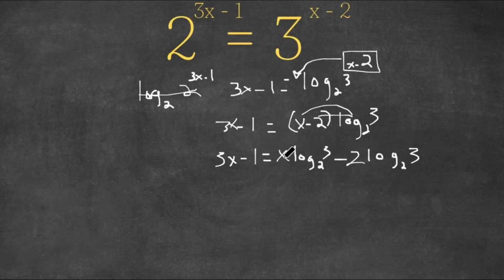And now we want to get all the terms with x on one side. So I'm going to add 1 on both sides to get rid of 1 on this side. And then I'm going to subtract x log on both sides so that all the terms with x can be on the same side.